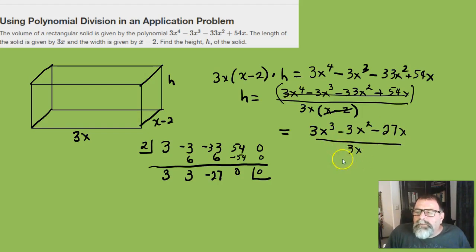Since this is a single term, I'm going to divide each of these by 3x, so think of it as splitting it up into 3 fractions. So 3x cubed divided by 3x is x squared. 3x squared divided by 3x is just x. And then 27x divided by 3x is 9. And the x's cancel. Okay, so that's my height. So h is equal to x squared minus x minus 9.